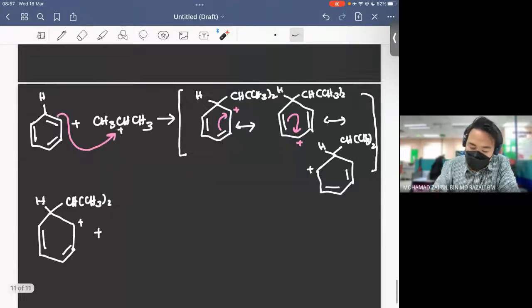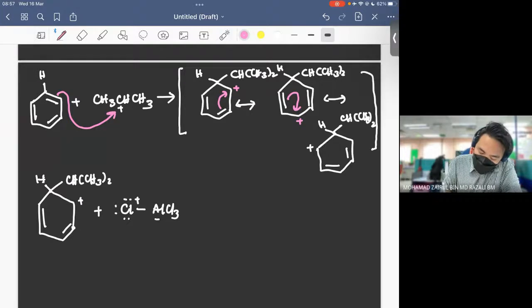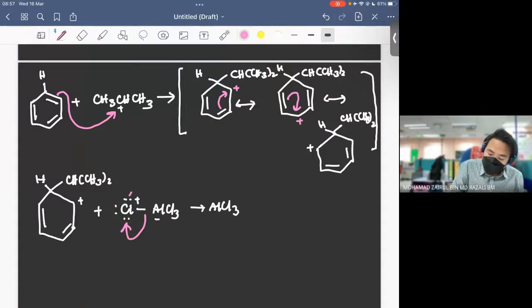So macam mana nak remove? Okay. So dia sama macam yang tadi. So kita keluarkan klorin yang awak nak remove tu. So dia kena berpisah dulu. Berpisah, dia jadi AlCl3. So sekarang ini this chlorine dah bebas dan dia dah ada banyak elektron. So dia boleh donate a pair of electron to the hydrogen.